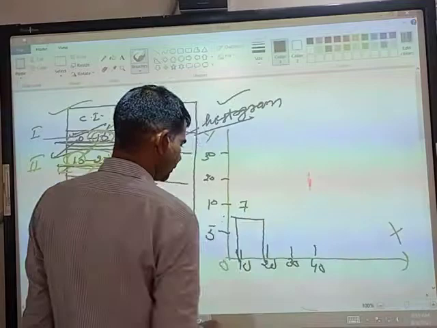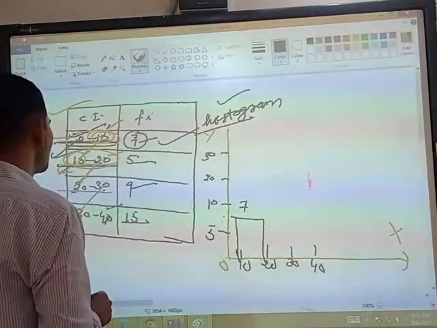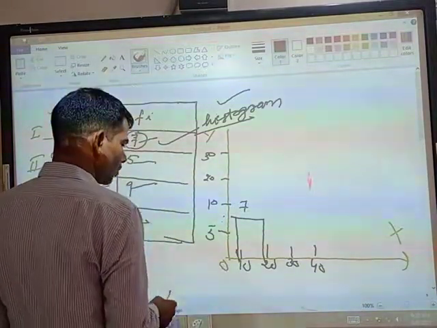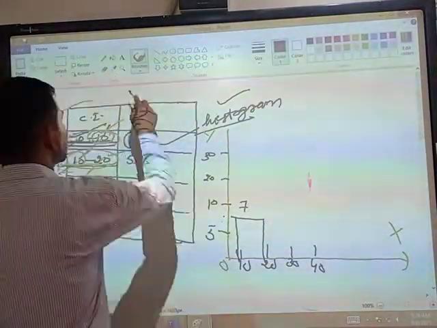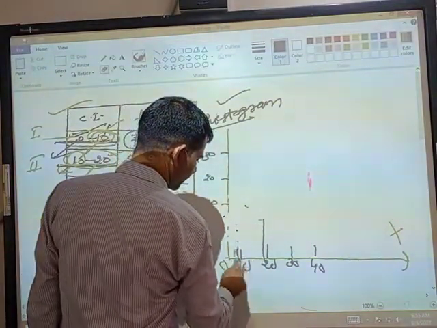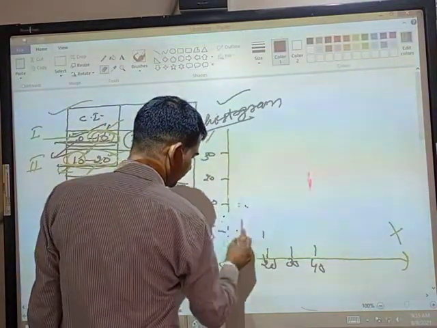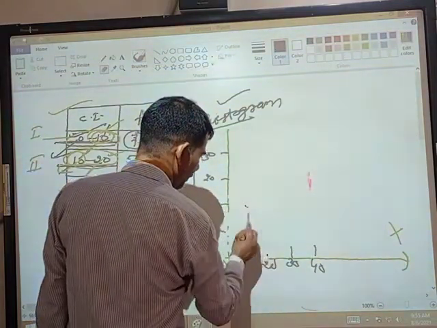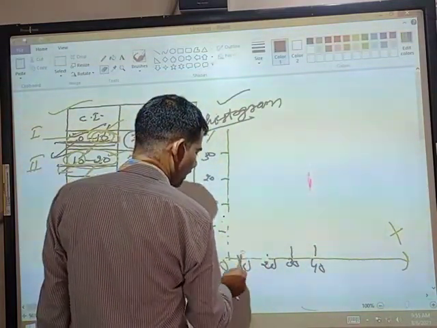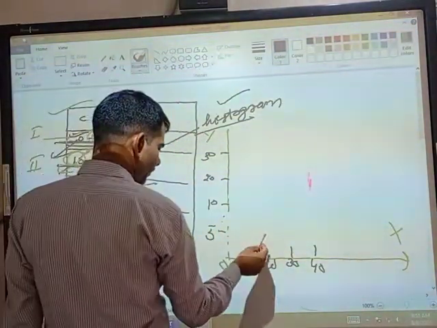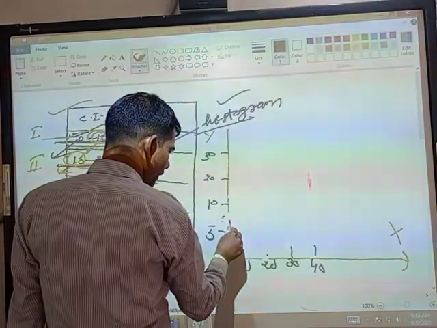Now 10 to 20, 5 students. Oh, sorry, 0 to 10. It is 0 to 10, not 10 to 20. You have to draw this graph on your graph paper. 0 to 10 is 7.